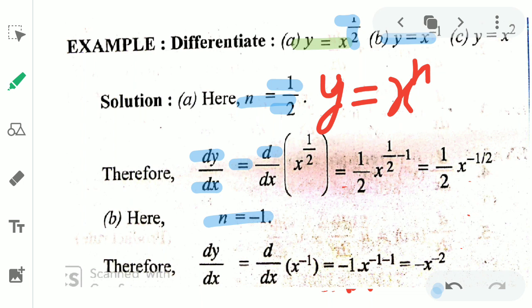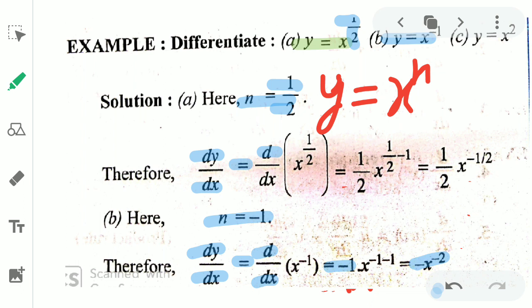That is minus 1. So dy by dx will be equal to d by dx of x to the power minus 1. So apply the formula, power forward minus 1, x to the power minus 1 minus 1, so we know very well minus 2, and the solution is minus x to the power minus 2.